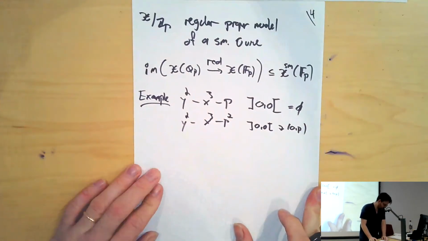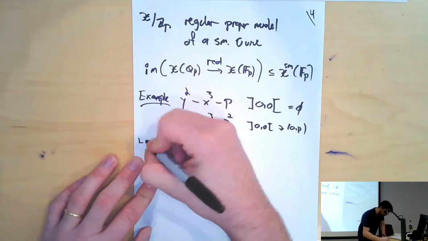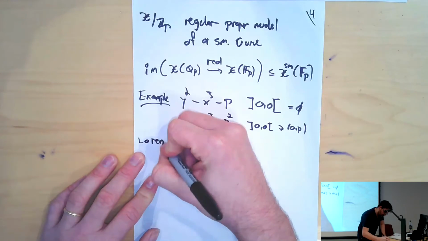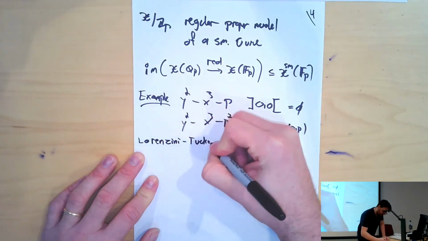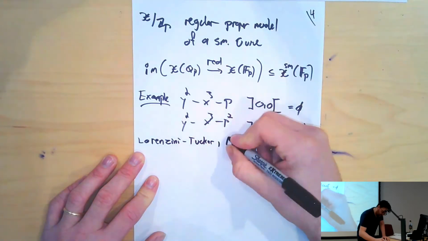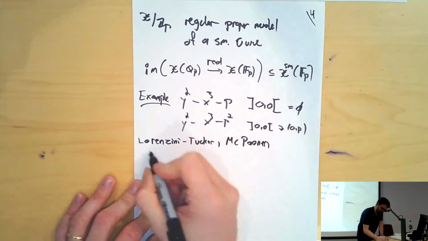So we discussed in the first lecture, at least the statement of Lorenzini-Tucker, and then there's an alternative proof by McCallum and Poonen.